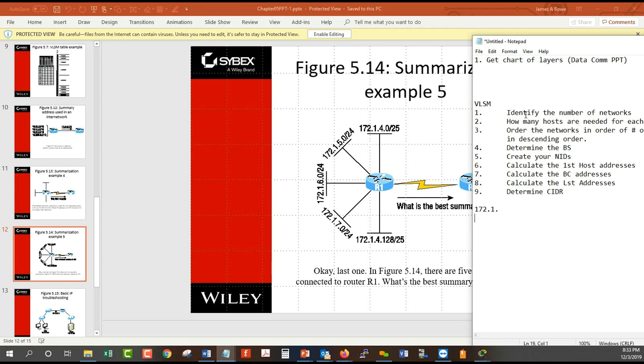What I want to do is look at this third octet in binary, okay? So 4 is equal to 1, 0, 0. 5 is 1, 0, 1. 6, 7.